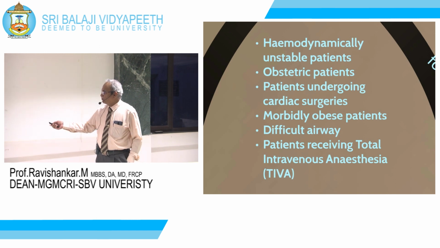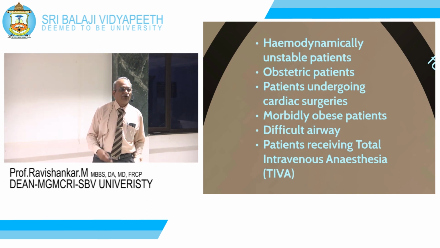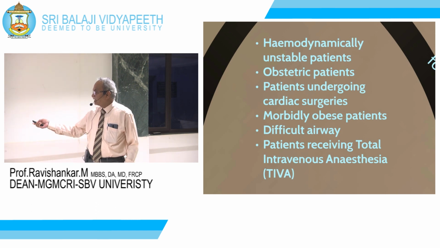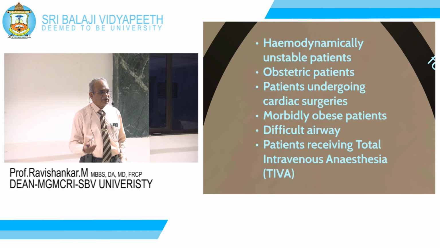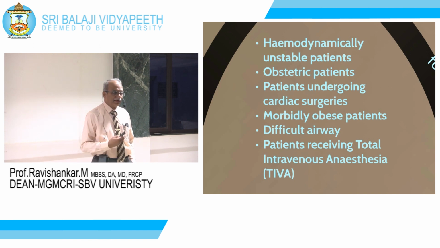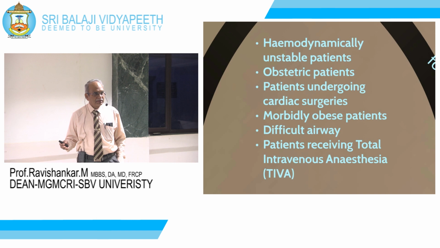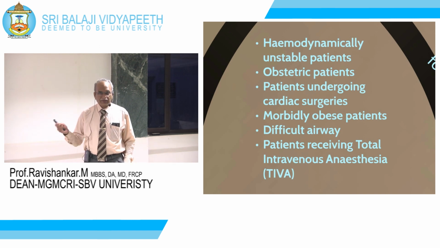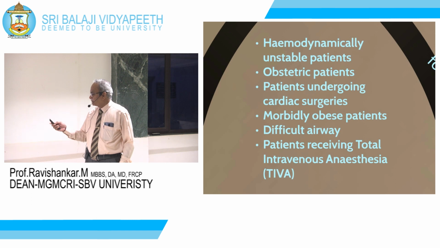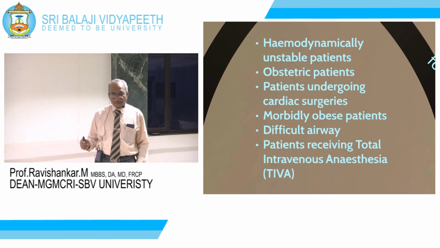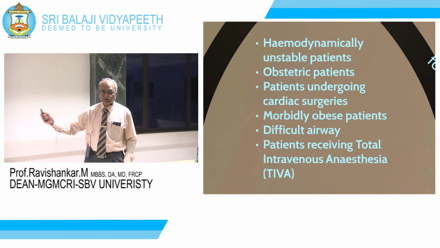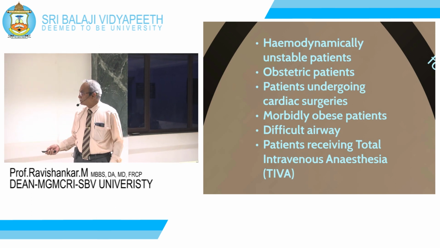That is one. Morbidly obese patients, because you don't know how much you are giving, what is going to be the effect. And difficult airway patients, before putting the tube, you don't want to give much, and then sometimes you think you have anesthetized the patient, but the patient is conscious. That is patients receiving total intravenous anesthesia. That is another high-risk group of patients who are likely to have this.